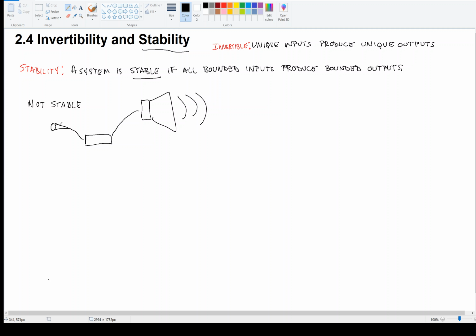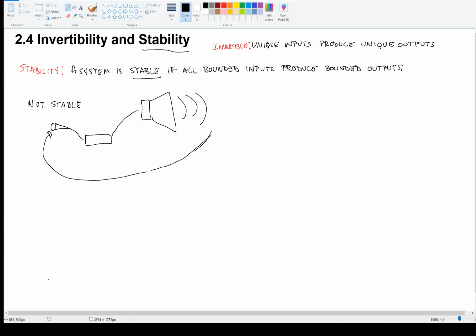And if the microphone is directed such that some of this speaker volume goes back into the microphone, then what you have is a positive feedback loop, right? The sound comes out of the speaker, it goes back into the microphone, that gets amplified, so that gets even louder and louder and louder, and this creates feedback, and this is the thing that hurts all of our ears.